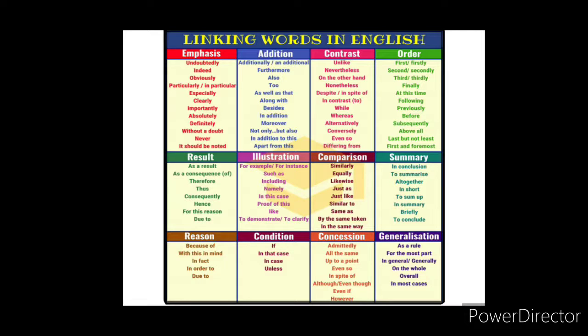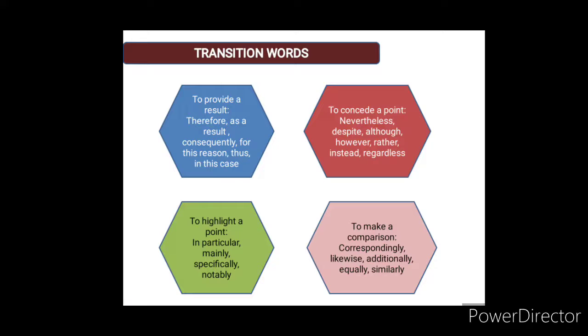For contrast, you can use words like unlike, nevertheless, on the other hand. For order, first, firstly, secondly can be used. For result, as a consequence. Illustration, for example, such as. For comparison, similarly, equally, likewise. For summary, reason, condition. Depending upon the question, you can use these linking words, and it will definitely add to your writing.